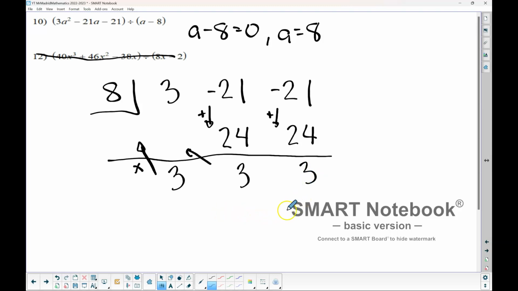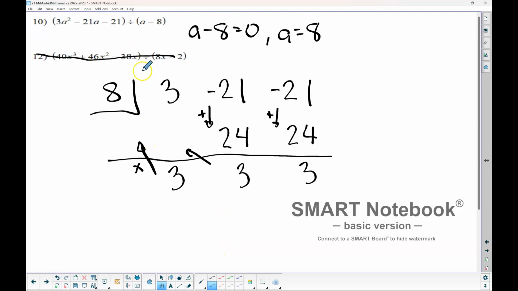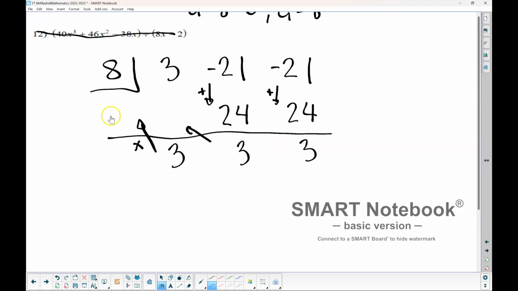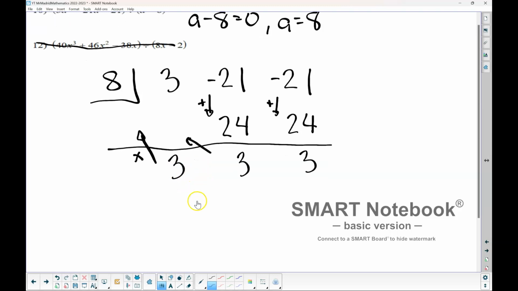All right, so believe it or not, we're pretty much done, okay? Now the one thing you've got to think about is, by us dividing an a out of all these terms, we're basically subtracting an a out. So when I write my final answer, okay, these are the coefficients for my final answer. I started off with an a squared, so the first exponent here is going to be 1 power down, okay?